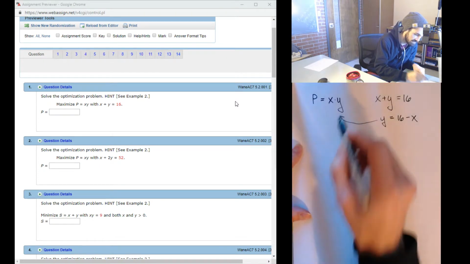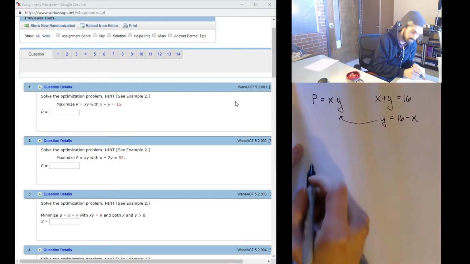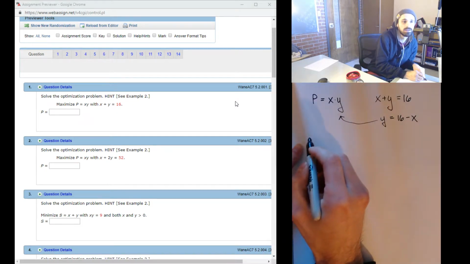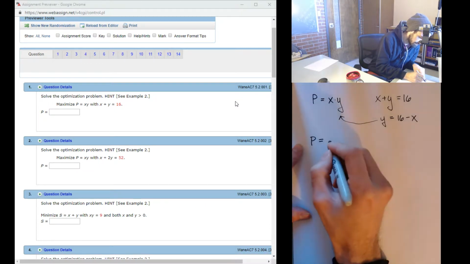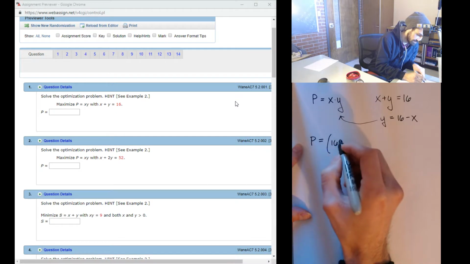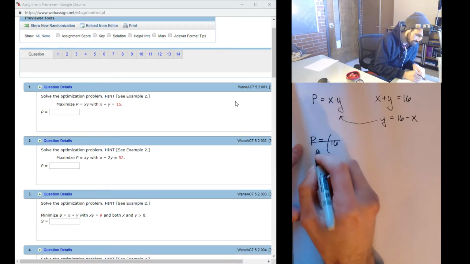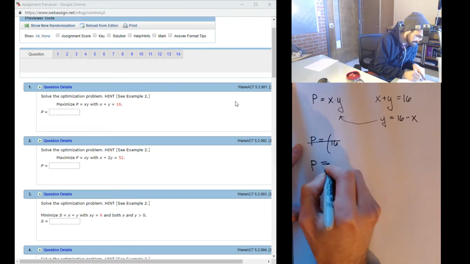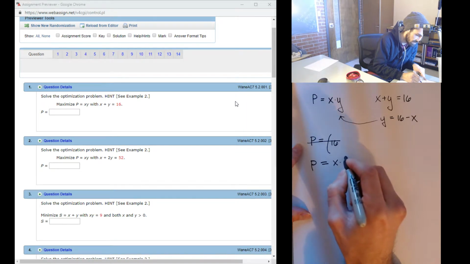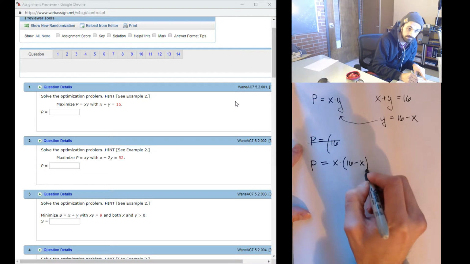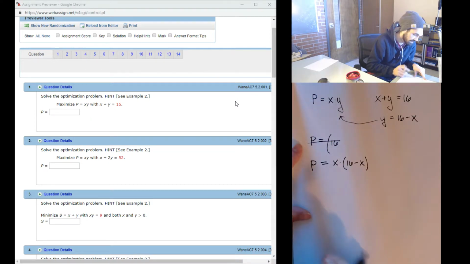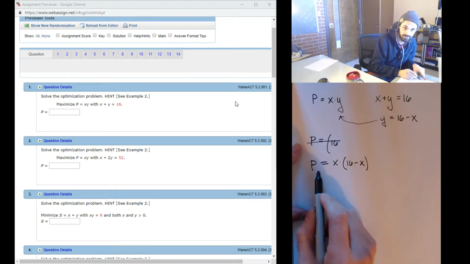Now we'll shove this back into the function we're trying to maximize. So P is x times y, which is 16 minus x. And so this is what we're going to take the derivative of.